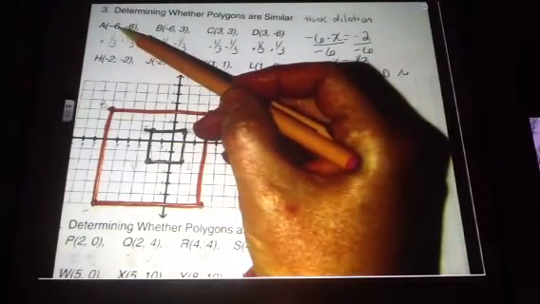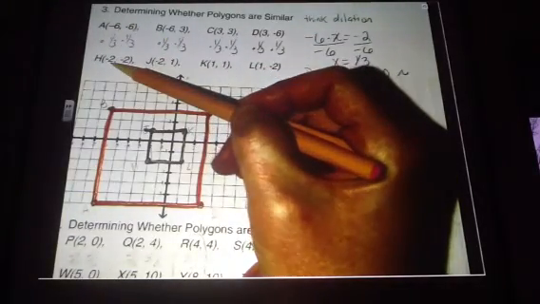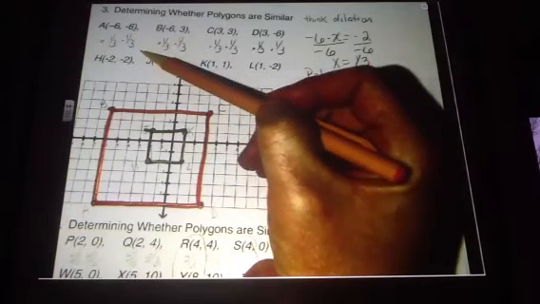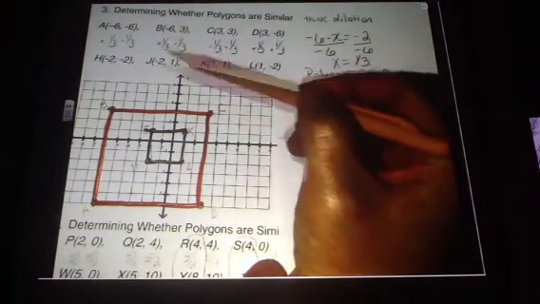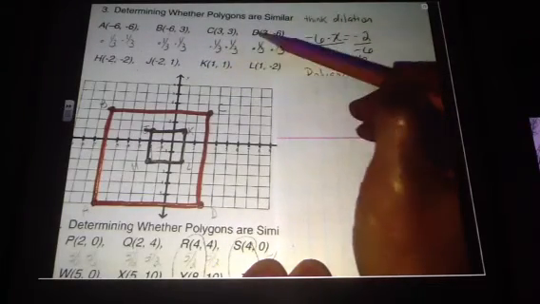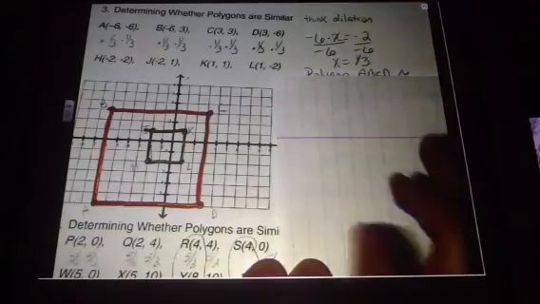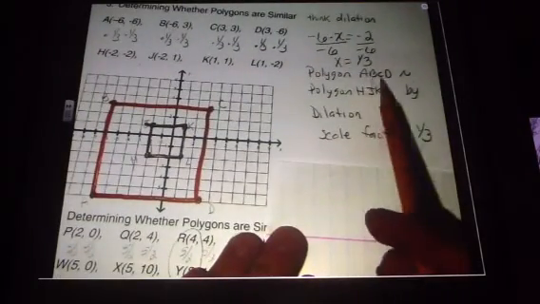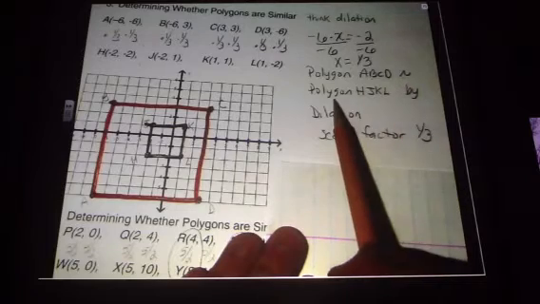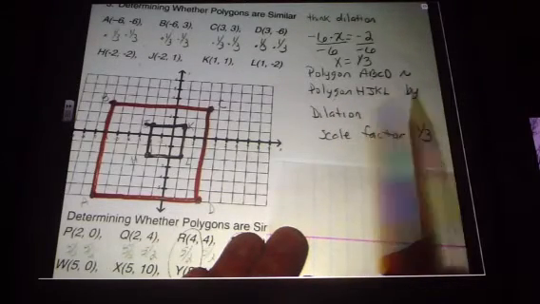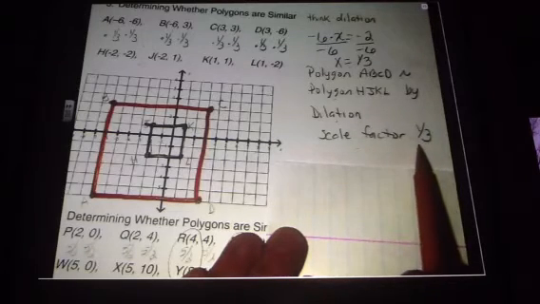Take each point and multiply it by 1/3 and make sure you get what's on the image point. Yes, it works. So, polygon ABCD is similar to polygon HJKL by dilation with a scale factor of 1/3.